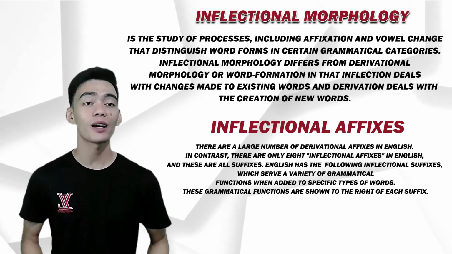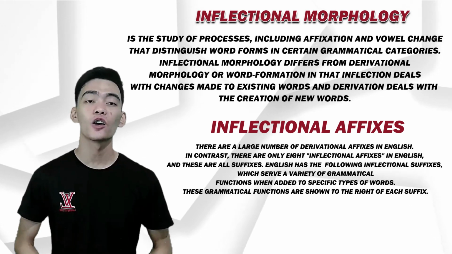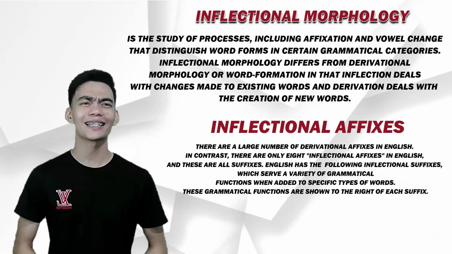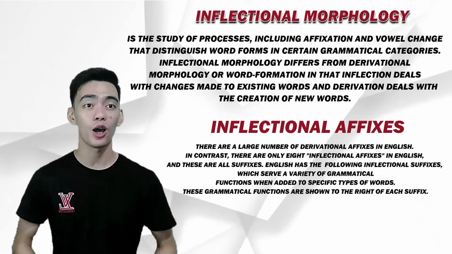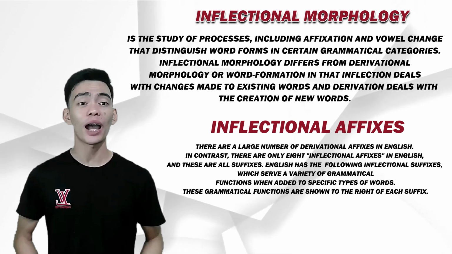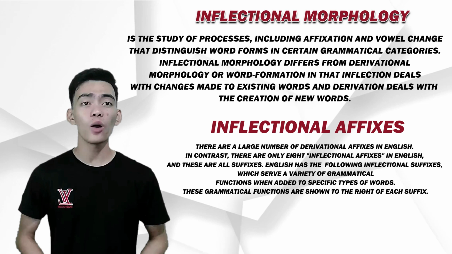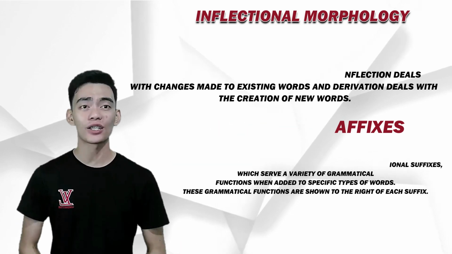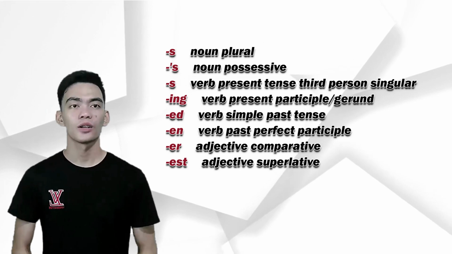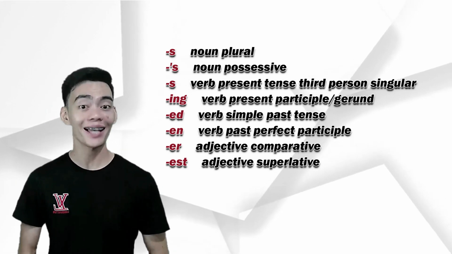English has the following inflectional suffixes, which serve a variety of grammatical functions when added to specific types of words. These grammatical functions are shown to the right of each suffix. We only have 8 inflections, and these are: first, we have the suffix s.